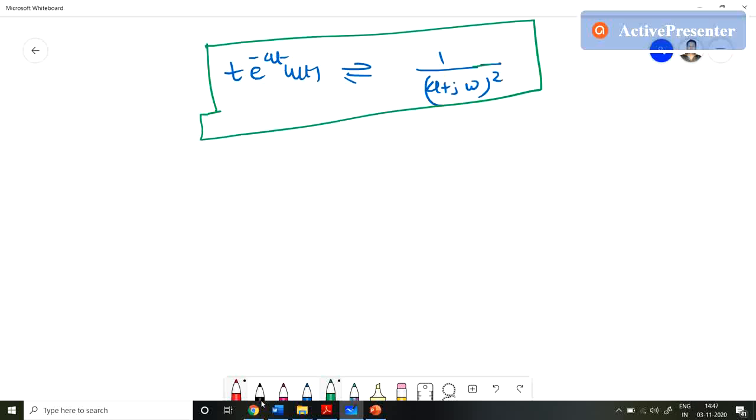Now let us do another problem. The problem is: verify the integration property.